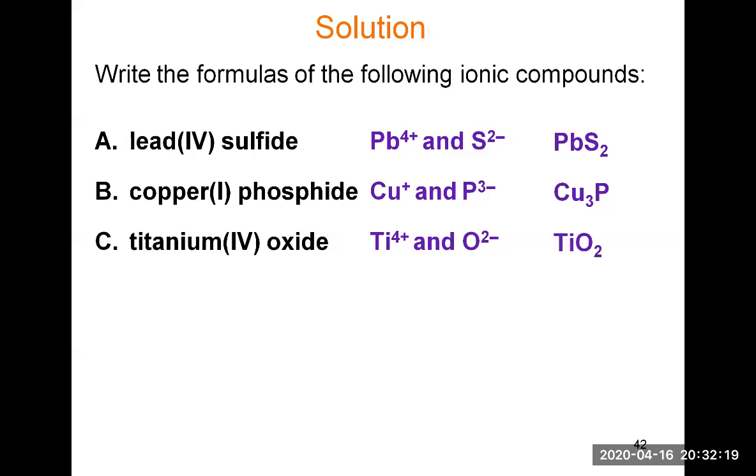And so the final formula is TiO2. And we can see that it's a neutral formula because Ti carries 4 positive charges, and the 2 oxide ions, so 2 times 2 negative charges per oxide, make 4 negative charges. And so the 4 positive charges are cancelled by 4 negative charges, and it's a neutral formula.